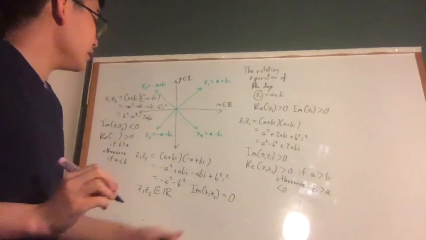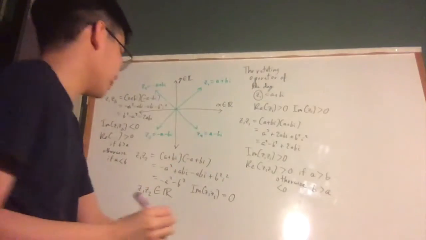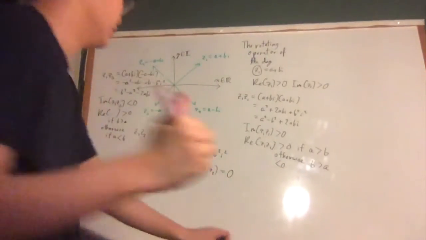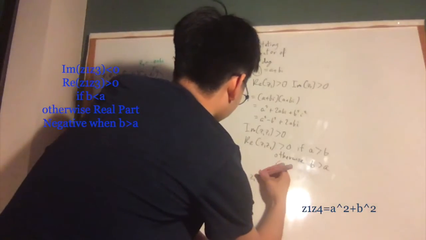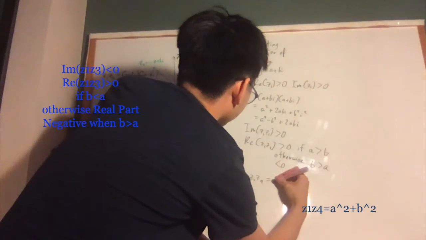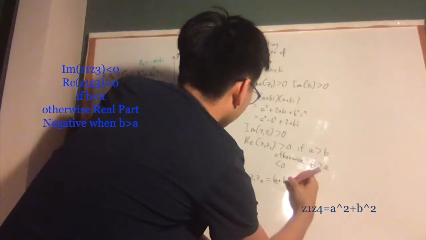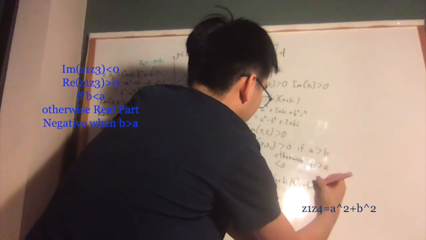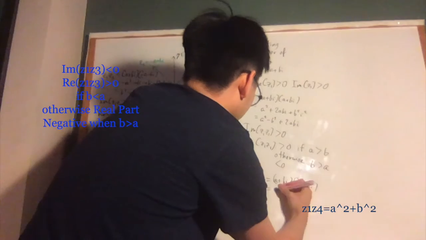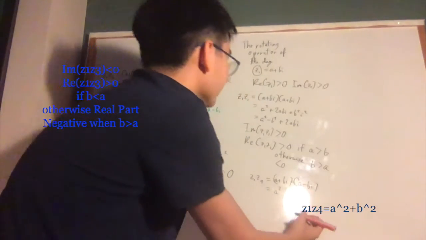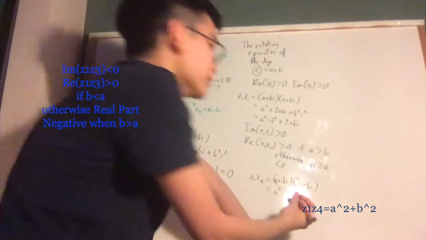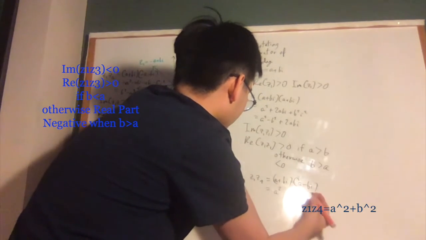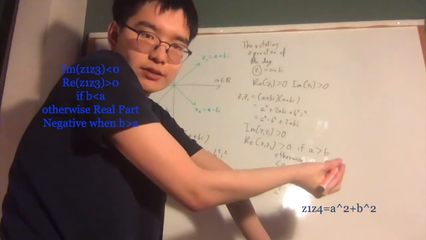And so finally we have the fourth one, z1 times z4. So this is a plus bi, and now I have a minus bi. And because it's a conjugate, we get a difference of two squares. So a squared plus abi minus abi, so those parts cancel out.